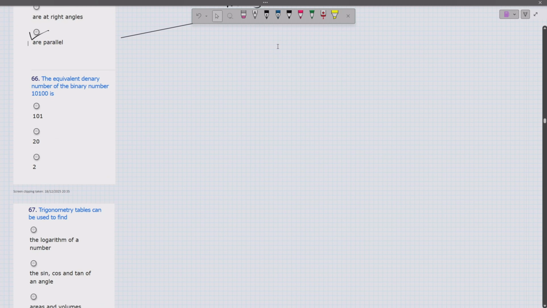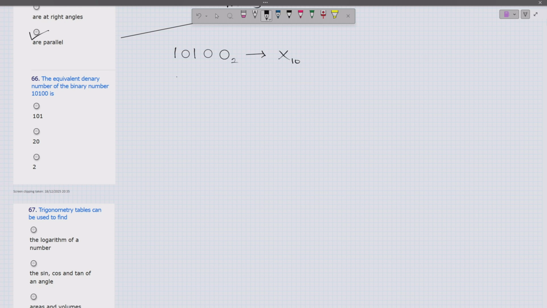Question 66. The equivalent denary, that is base 10, number of a binary number 10100. So we have 10100 base 2 converted to base 10.